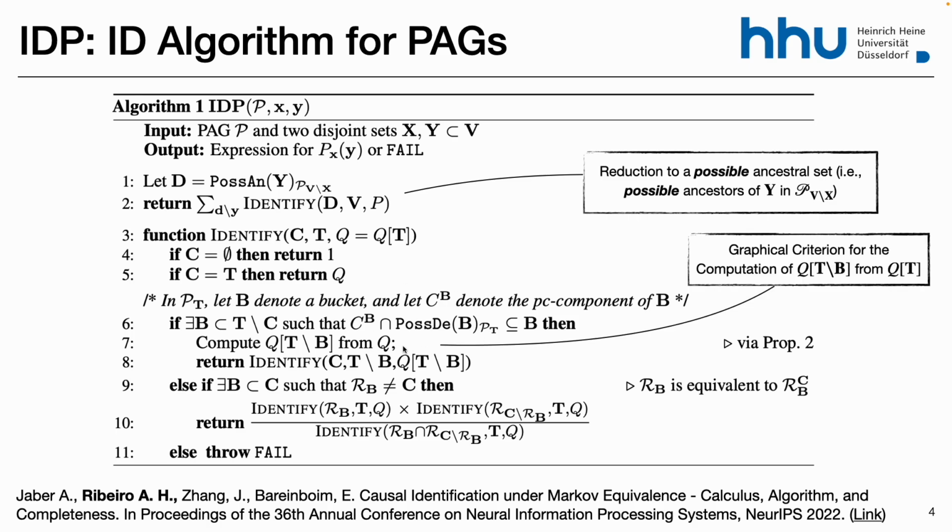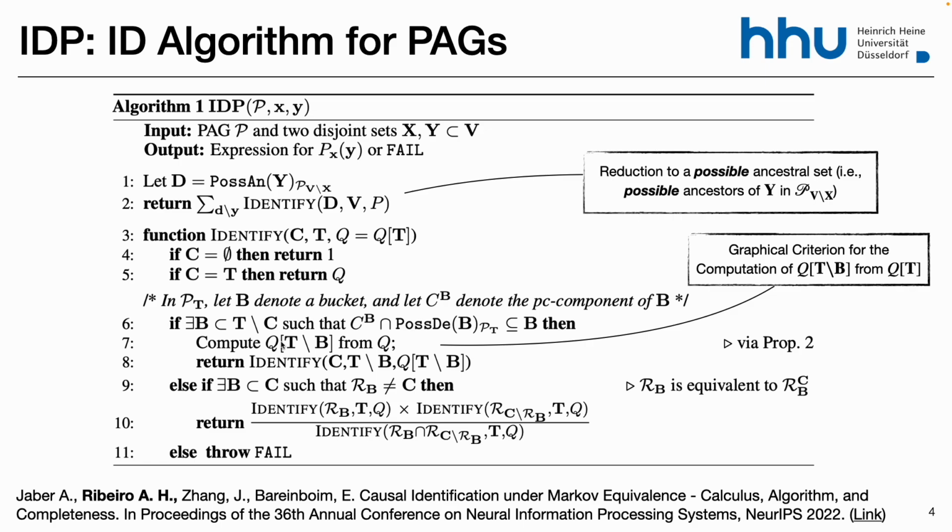The first step of this function is to compute QT minus B, where B is a bucket. If this condition that we talked about last time can be satisfied, we can use that formula. Every time this condition is satisfied, we can compute QT minus B directly from QT, without recursively calling the identify function again.